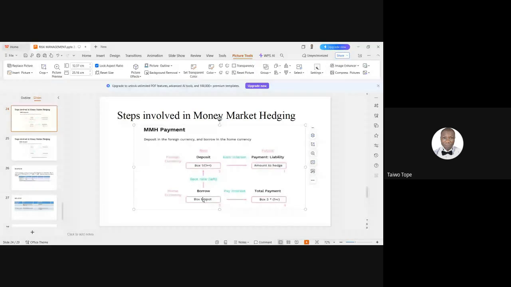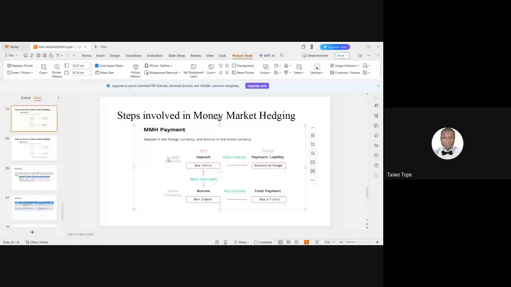Now, the value in your box 2, you convert it using the spot rate to your home currency. See it, box 2 divided by spot rate. The value in your spot 2, when you borrow, what will be the total value plus your interest? Box 2 value multiplied by what?